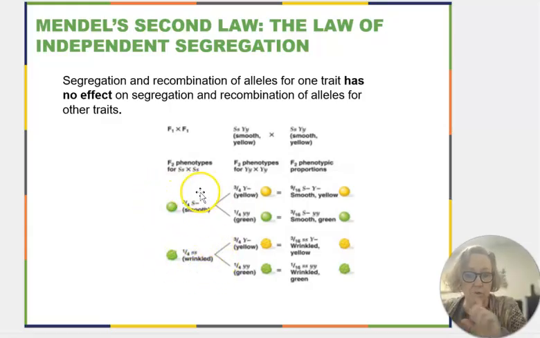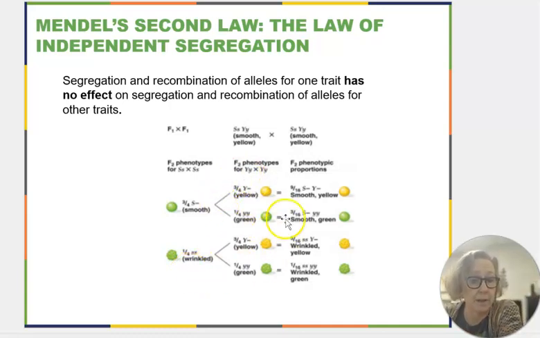When you're looking at something like this, I just put S and a mark because it doesn't matter. I didn't ask you in this case for genotype. I just want to know how many are going to be smooth. So when you do an S with a line, that means it's big S, or big S, little s. It doesn't matter, right? 3/4 of them are going to be smooth. That's all we care about. Here, 1/4 of them is going to be wrinkled. That's all we care about.